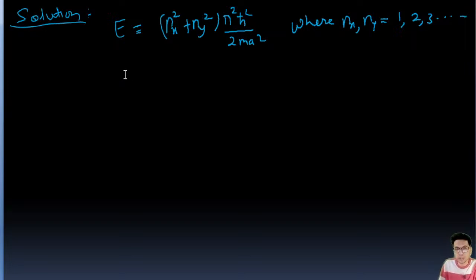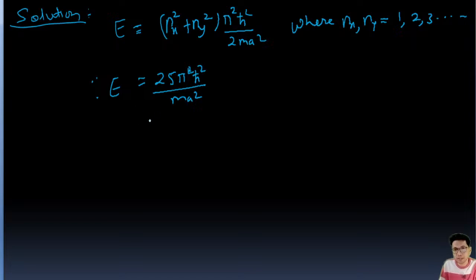Here the energy is given as 25 pi squared h cut squared upon m a squared. For what values of nx and ny are we going to get this value?